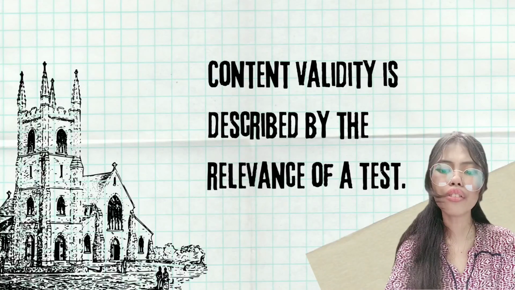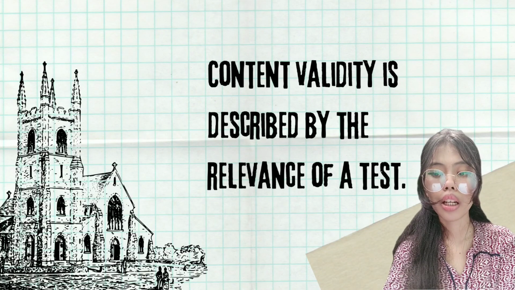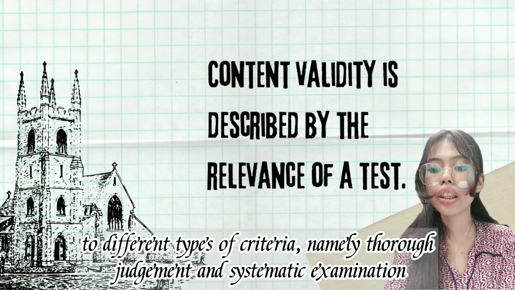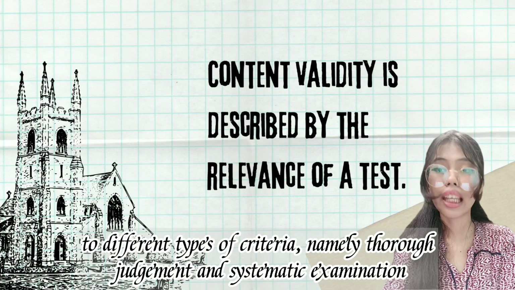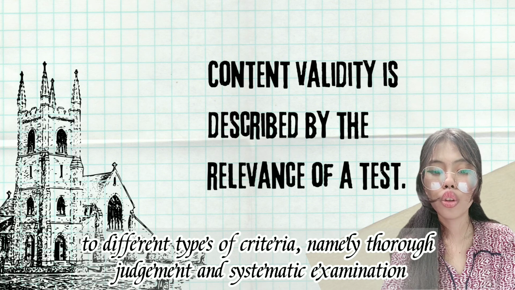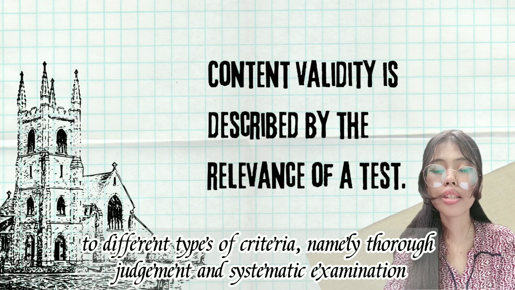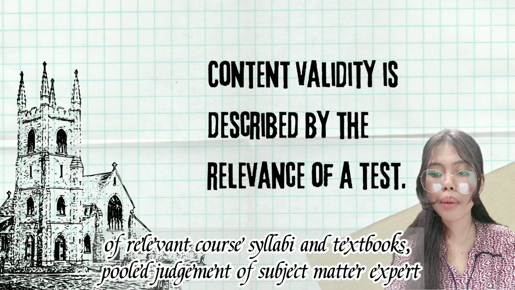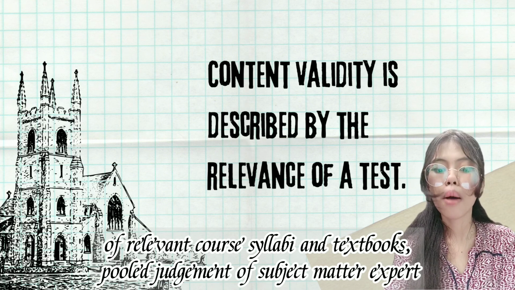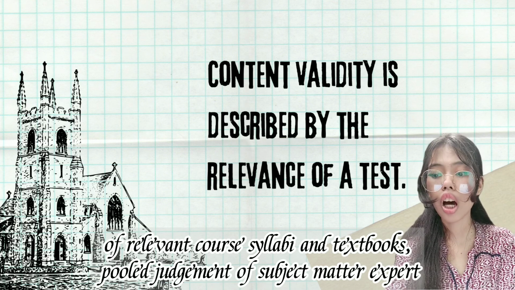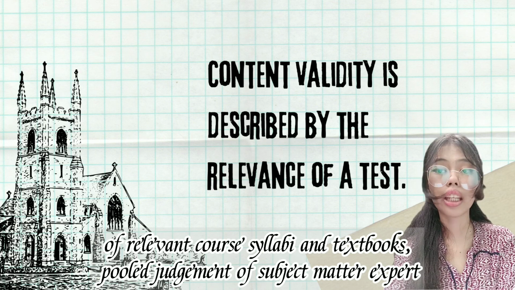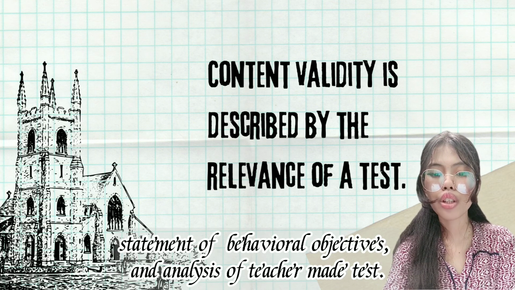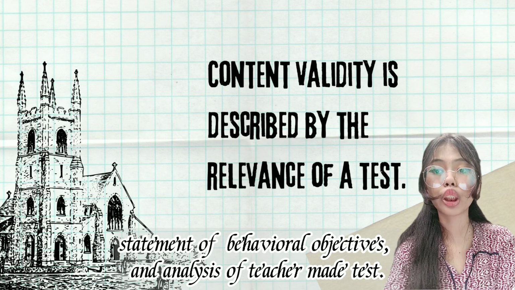So, content validity is described by the relevance of tests to different types of criteria, namely through judgment and systematic examination of relevant course syllabi and textbooks, poll judgment of subject matter, statement of behavioral objectives, and analysis of teacher-made tests.